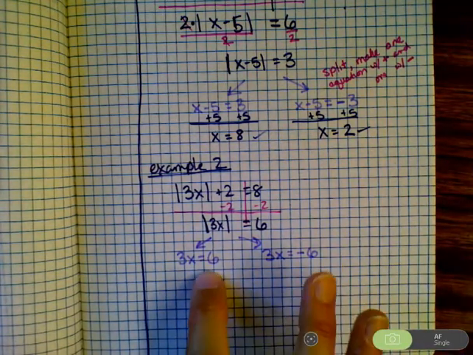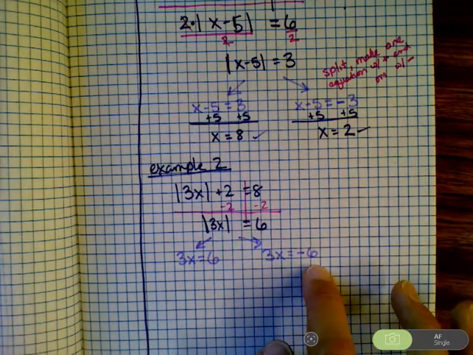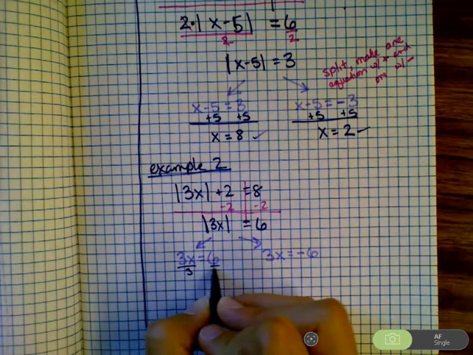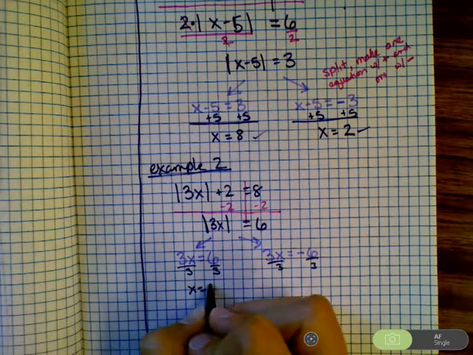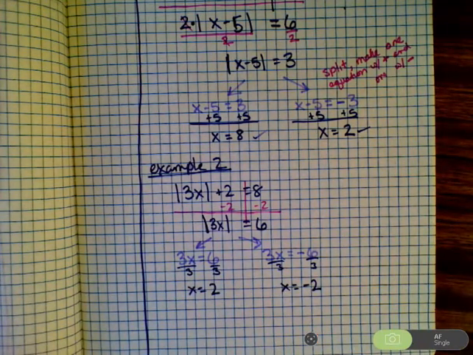Just one with the positive answer and one with the negative. So we're taking this number and we're just making it the opposite. Now all we do is divide by 3 all the way across, and we get x equals 2 and x equals negative 2. You can plug those back in again and check them, and you'll see that they both give you 8 in the end.